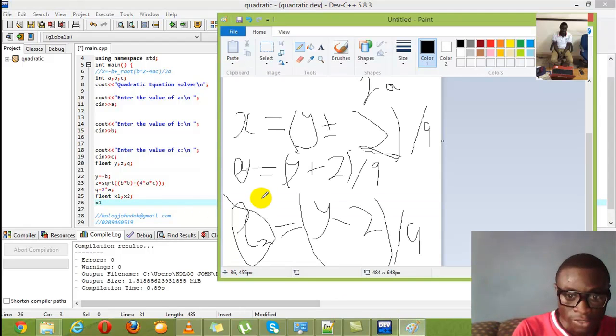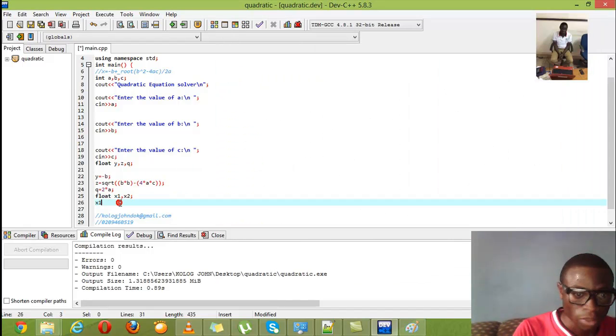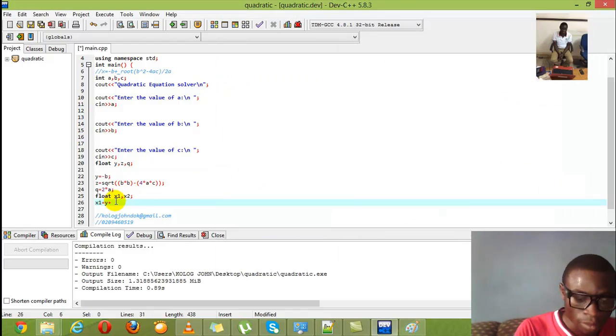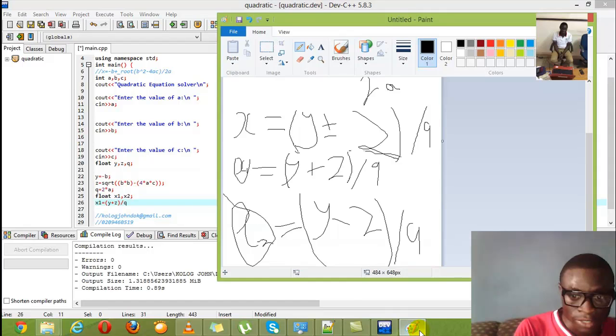So x1, based on my illustration, x1 will be what? x1 is equal to y plus z all over q, based on the illustration.